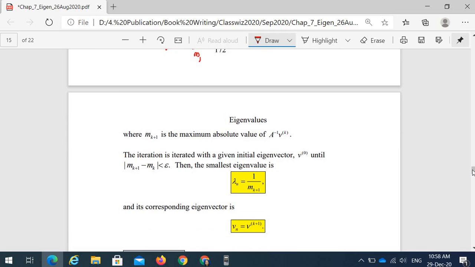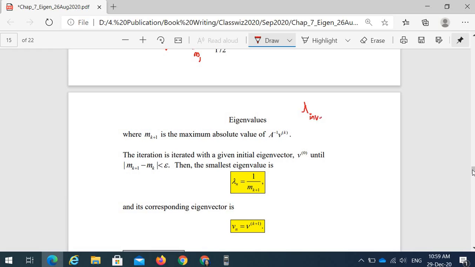Until the modulus of m(k+1) minus mk is less than a given epsilon. Then, when you do the inverse power method on the inverse matrix A, you actually get the largest eigenvalue, which is your lambda inverse.